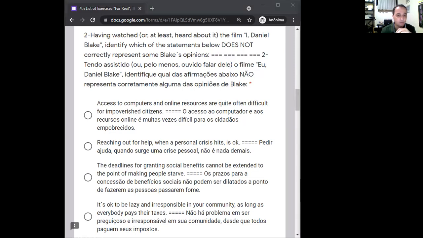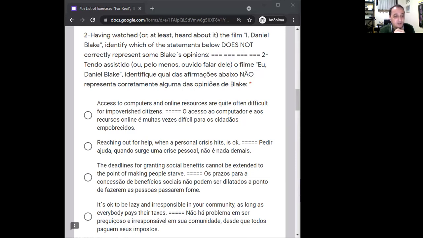He says, look, we can't keep going on. Even the expression, I, Daniel Blake, is a phrase that he actually writes down on the wall. Remember, he says, I, Daniel Blake, want my benefits before I starve. So even the title of the film confirms this Blake's opinion, okay?